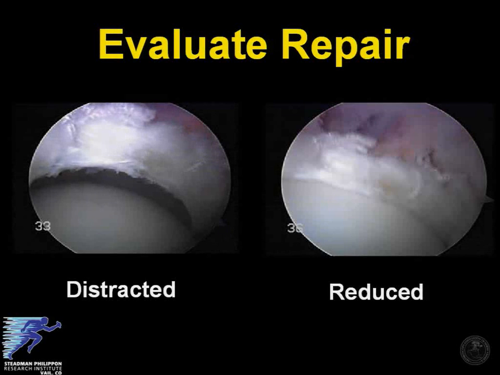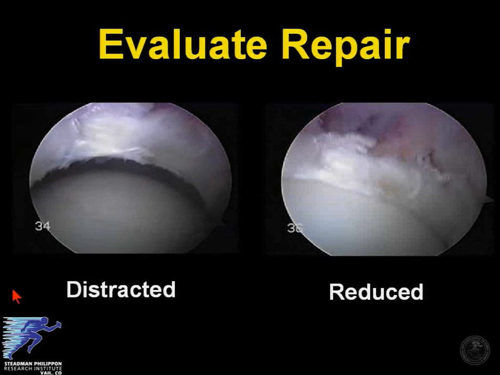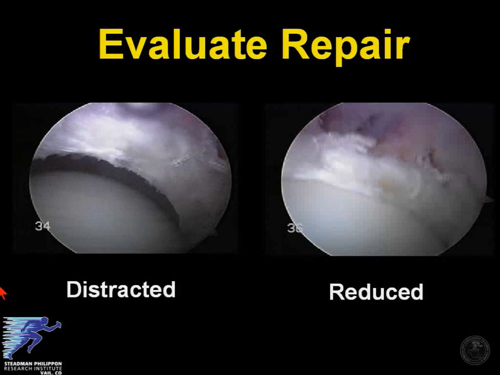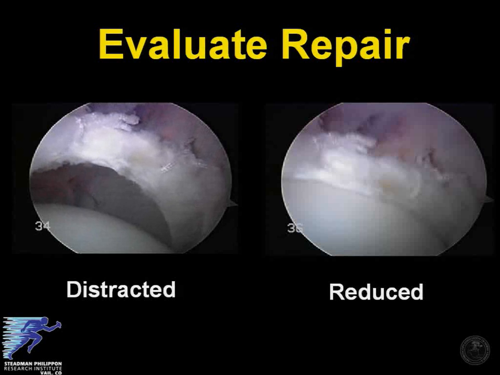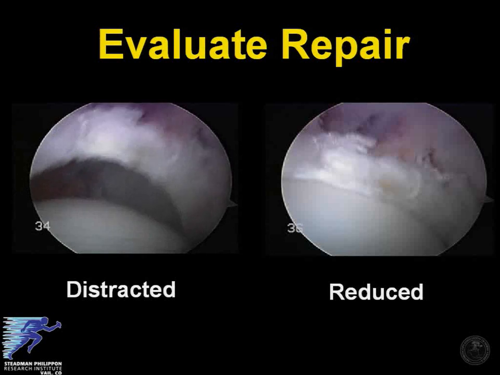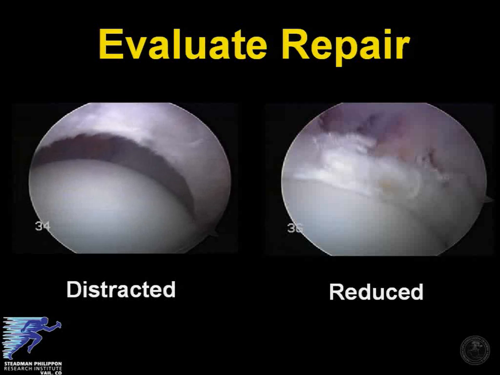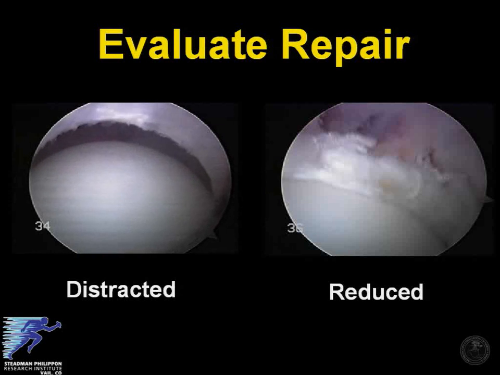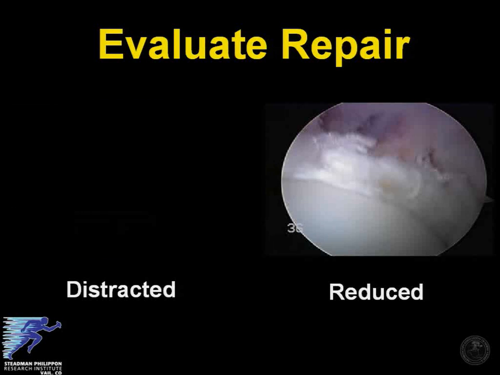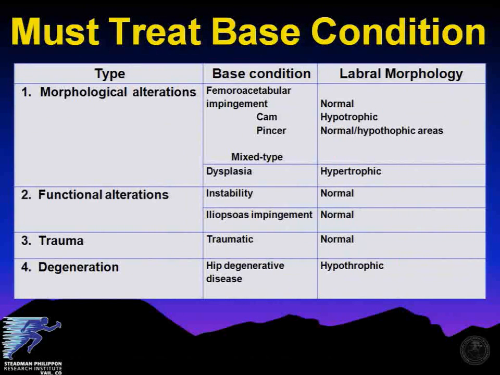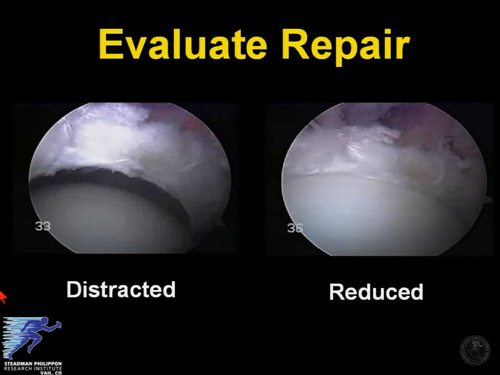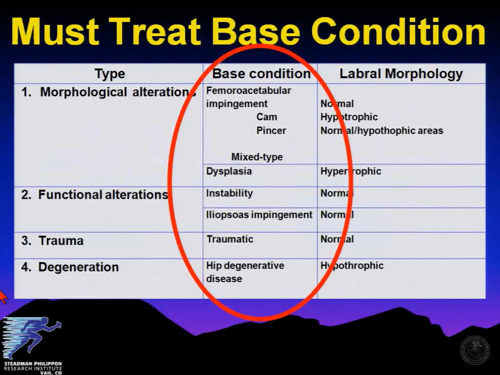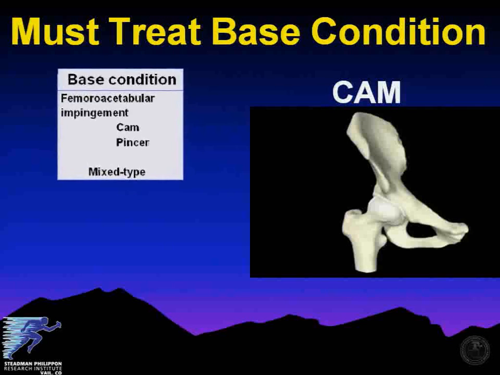This is to show you on distraction. We want to verify that it's as anatomic as we possibly can make it, and then this is after the convexity of the femoral head opposed the labrum and confirm the seal. So again, you have to address the underlying condition associated with the repair.